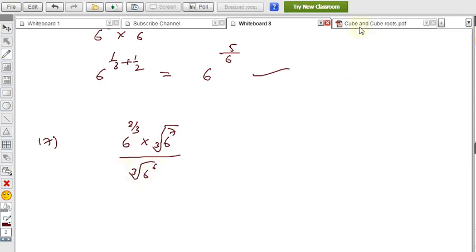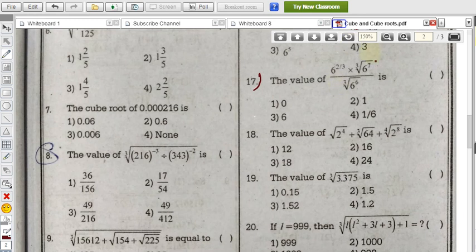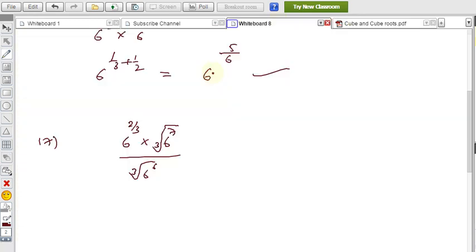Now you can write all the base as 6 for everything.